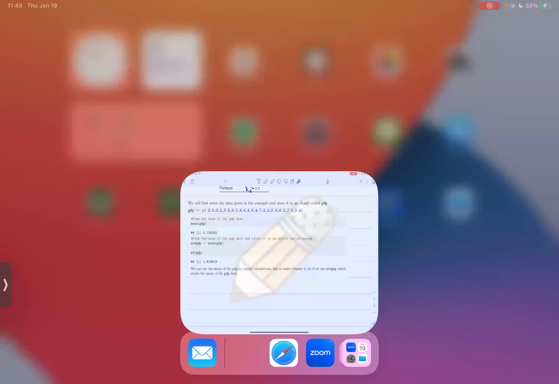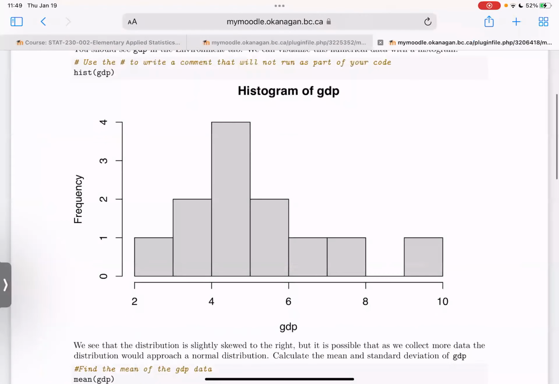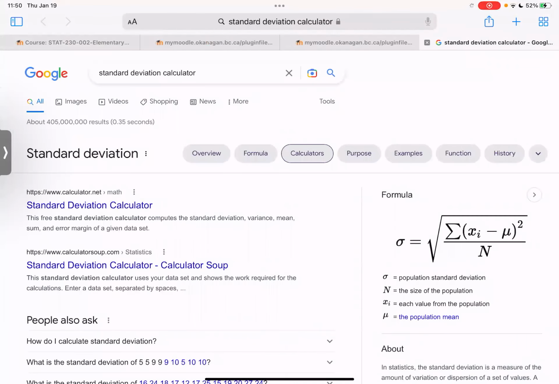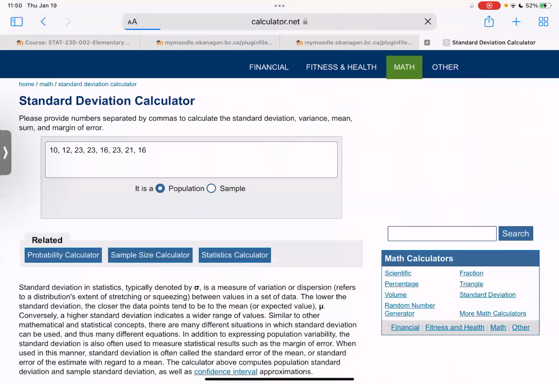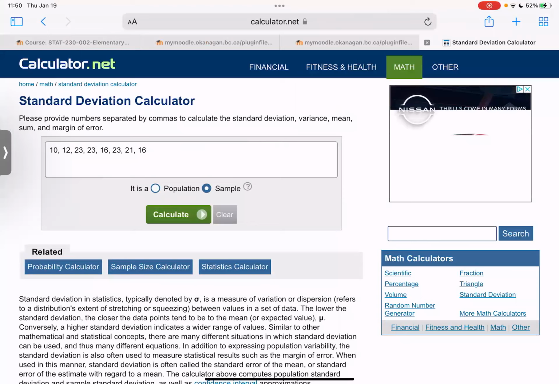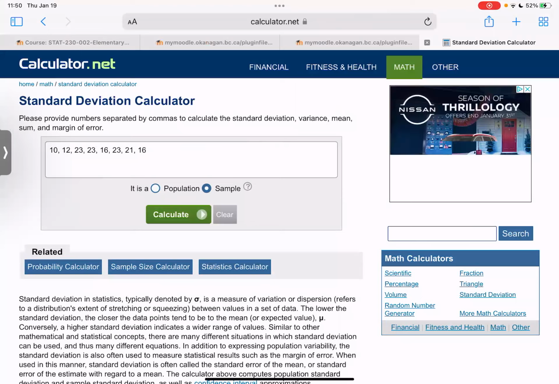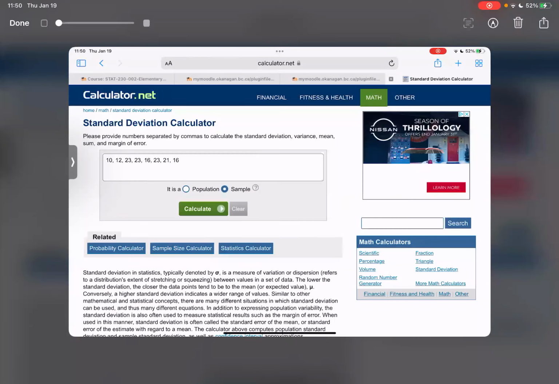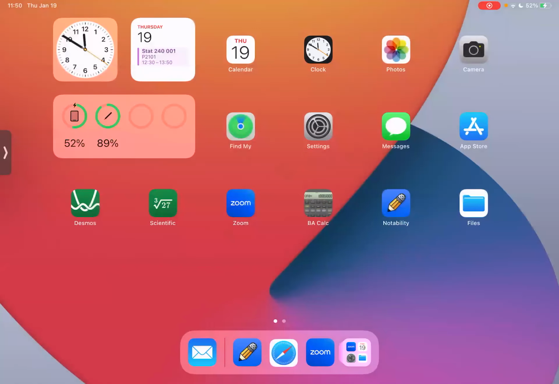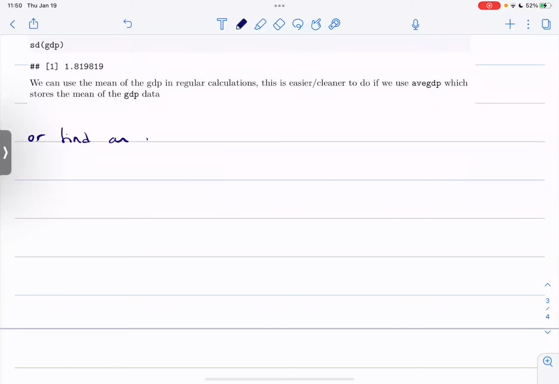What's another way? Well, Excel, but I don't have Excel on my iPad, right? But you can search for a standard deviation calculator. I'll pick the first one here, and you enter all the data. And here's where it's important that you change it to sample. Okay? So I don't want to enter all the values, but I will save this and bring it in here, or find an online calculator.